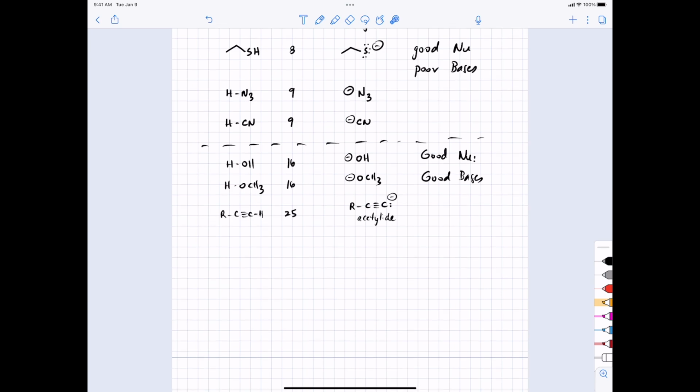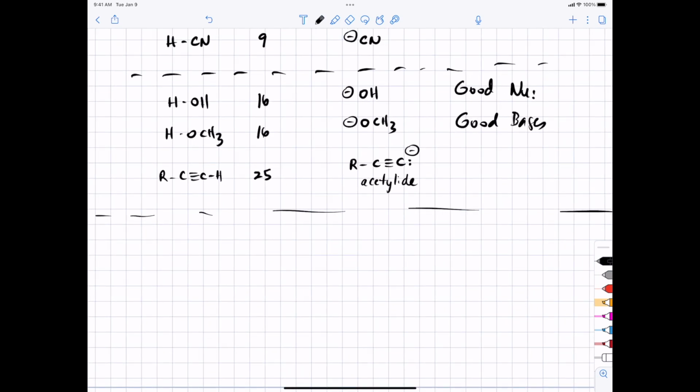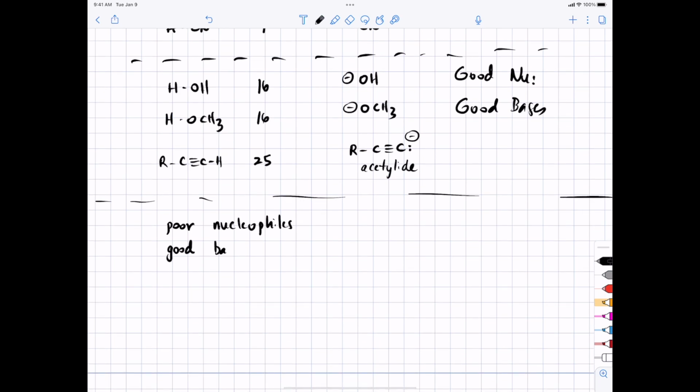And we'll see then that we have a category of things that you would, based on pKa alone, predict to be good nucleophiles and good bases, but because of their steric bulkiness, they are poor nucleophiles, but still good bases because protons are easier to attack than carbon.